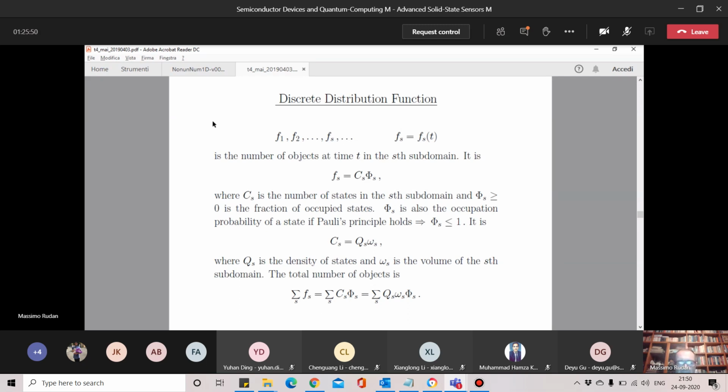So in this case, the fraction of occupied states is some quantity that goes between 0 and 1. So you can apply the exclusion principle also to students and consider that phi s is limited between 0 and 1, so you can consider phi s as occupation probability. It is a probability proper.